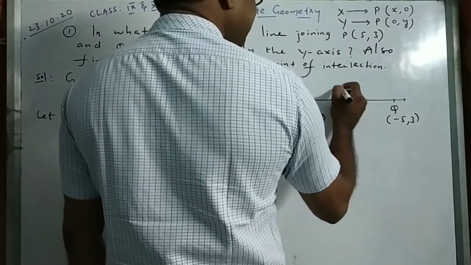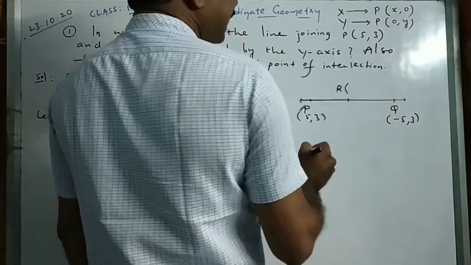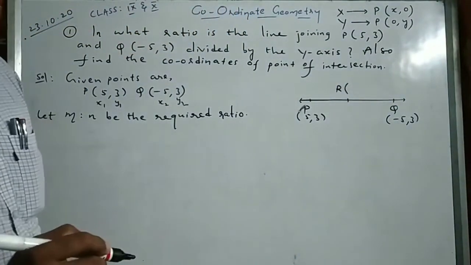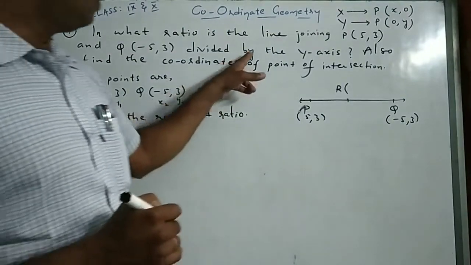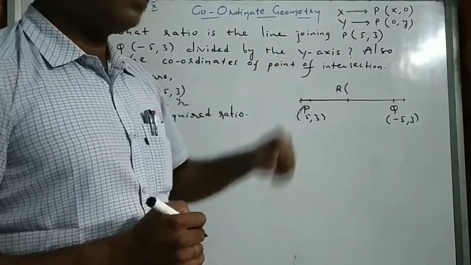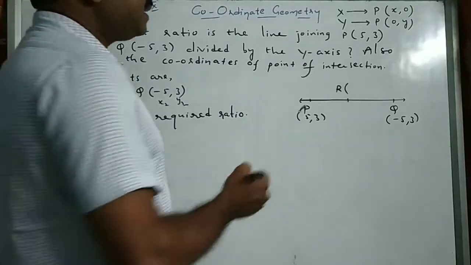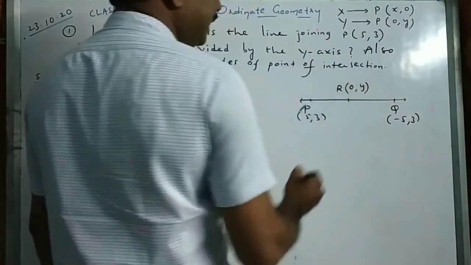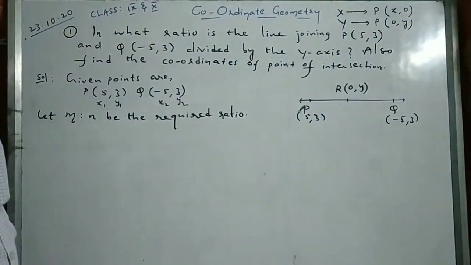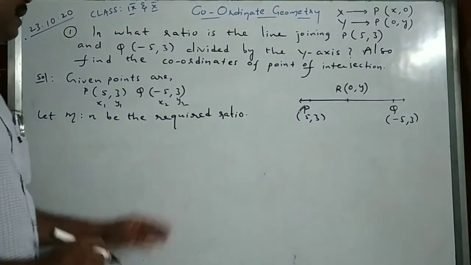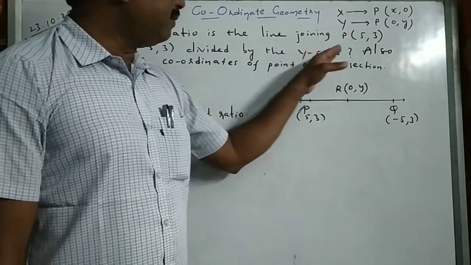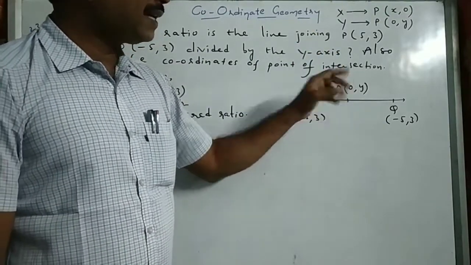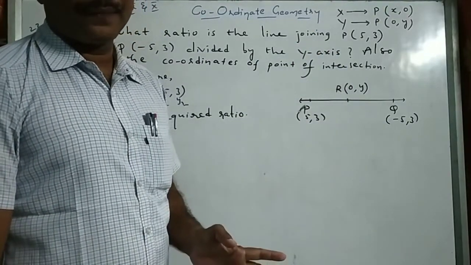Let me take it as R. Here it is very, very important. What is our division axis? Y axis. Y axis means how should you take the division point? The x coordinate is 0. Remember it carefully. If it is divided by y axis, consider x coordinate 0.